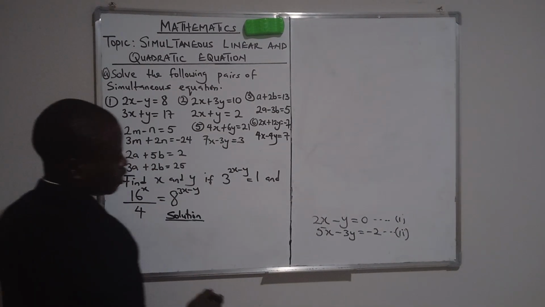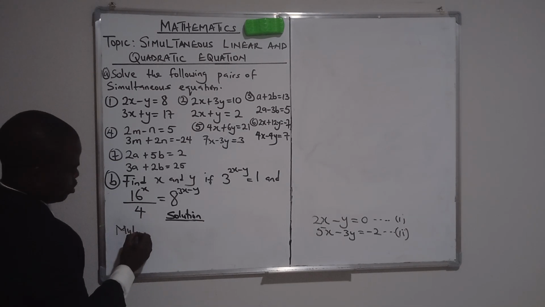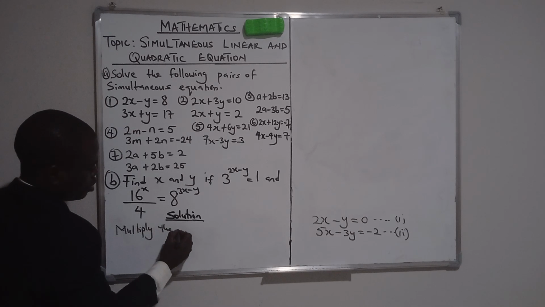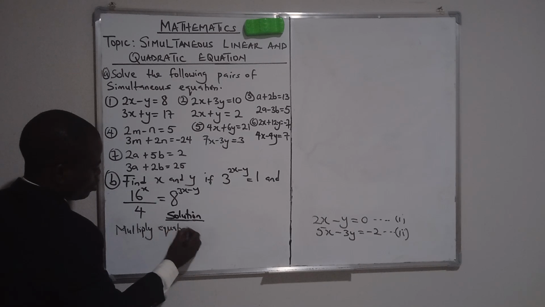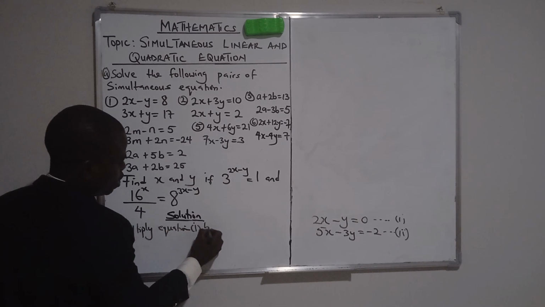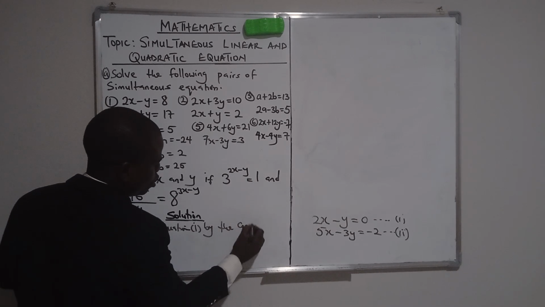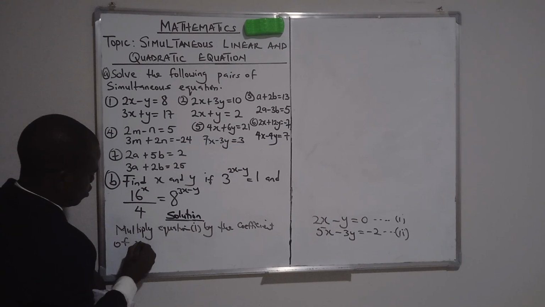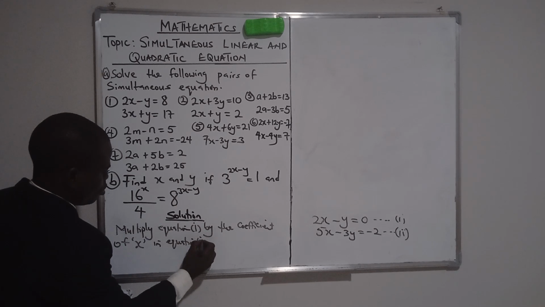Now say multiply equation 1 by the coefficient of x in equation 2.